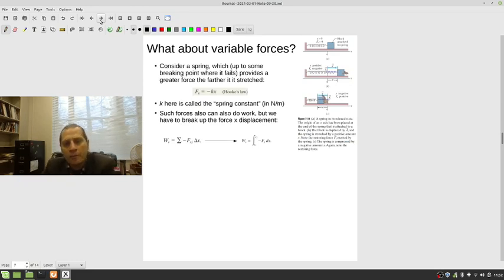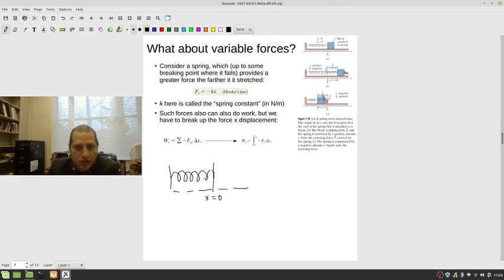Okay, now, we've only so far talked about the simplest, easiest types of forces, which are forces that don't change as you move. On the other hand, let's think about a spring. If you have a spring, it's coiled up here, and let's pick a coordinate system where that would be x equals 0.